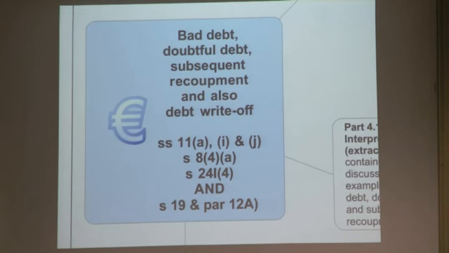What was the transaction in order to get something in your gross income? You had to sell something. It had to be disposal of trading stock, because that's the only time I'm going to do gross income. If I sell a capital asset, it's not gross income to me. If I just give you a normal loan, it's not gross income to me.